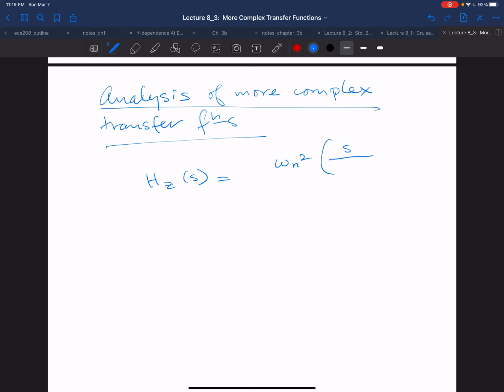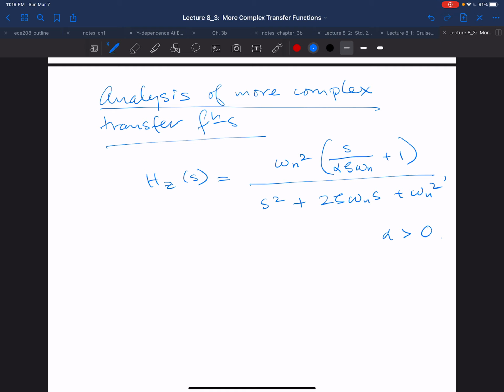We can write it of the form omega n squared divided by s times alpha zeta omega n plus 1 over s squared plus 2 zeta omega n s plus omega n squared. And this is a case where alpha is greater than 0. We'll assume alpha is greater than 0.